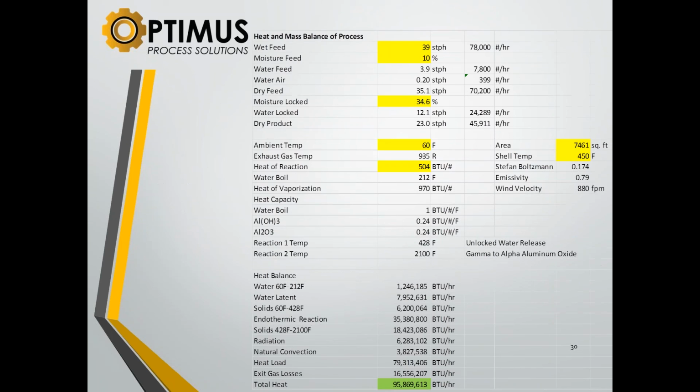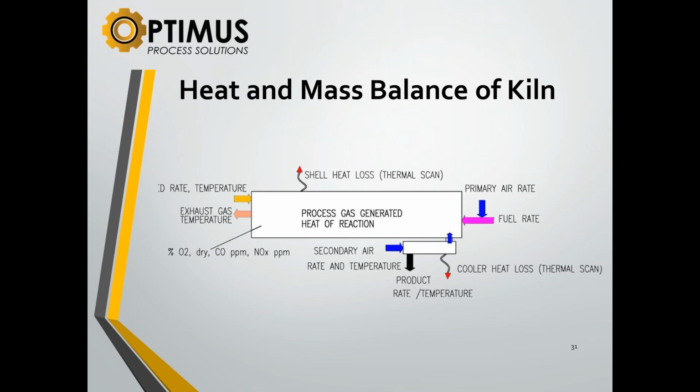But you can see we're going through and figuring out what the wet feed is and how many BTUs, as we discussed, we estimate for all these functions to be taken care of, including the shell temperature over on the right, and how many square feet of area. So what we just told you is all the spreadsheet does, but you need the input to get it right.